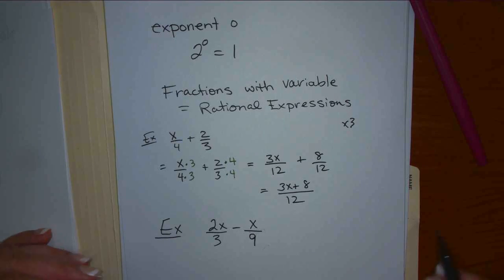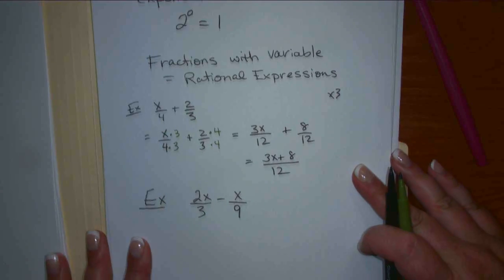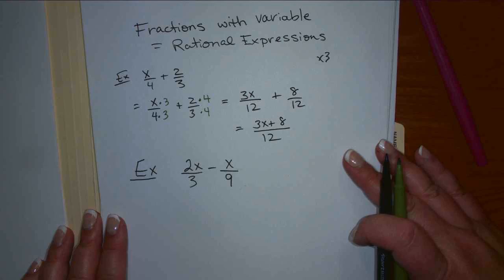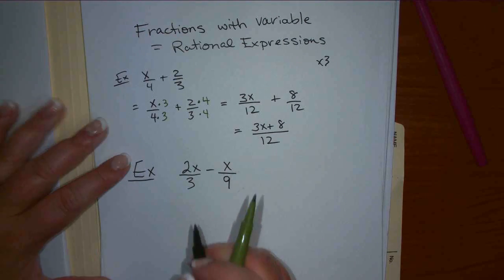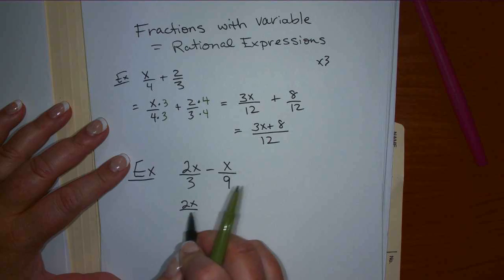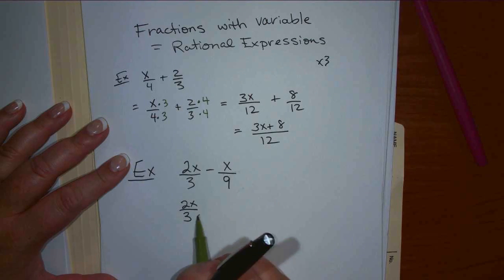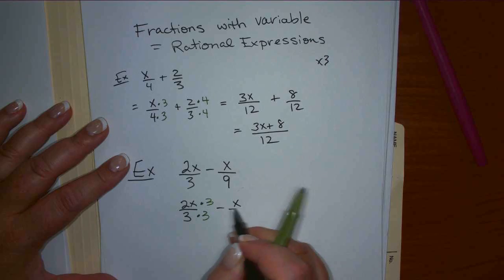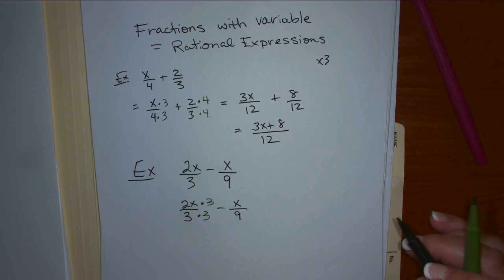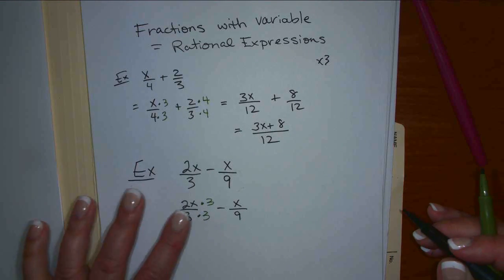Okay, the next one. 2x over 3 minus x over 9. What's the common denominator? 9. So we multiply the first one by 3. The other one we don't need to multiply because it's already a 9. So what do we have on top of this first one?